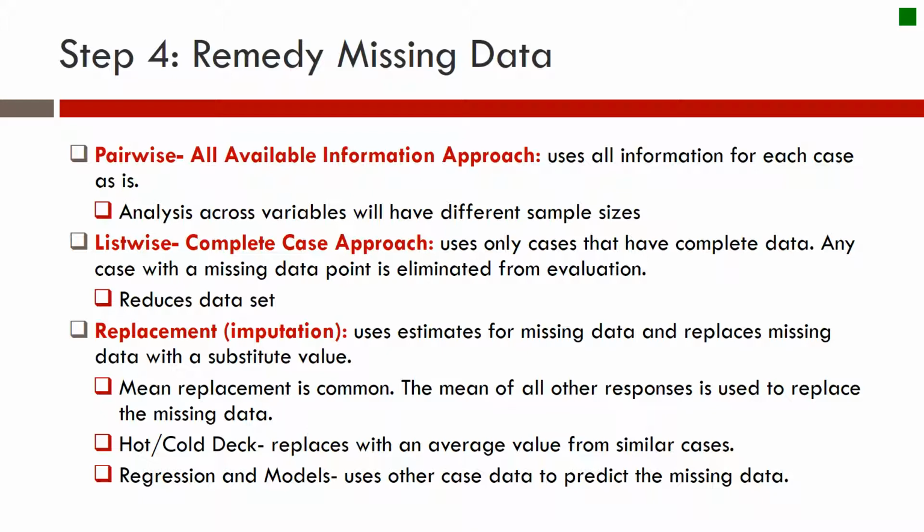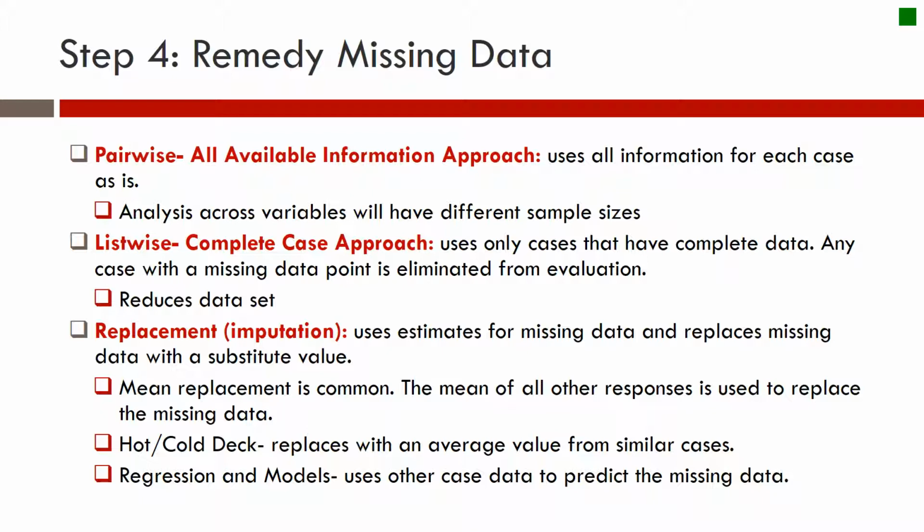So we use all the available information that's there. However, what we recognize is that not all the variables will have the same number of responses. So if we have a sample set of 100, and if 95 people responded to one variable and 92 people responded to a different variable, we've got some missing data in there, but we're still going to use all the data that we have available.